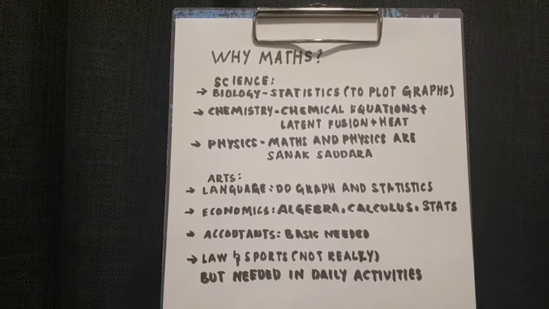And in physics, as I have written, maths and physics are saudara. They are very closely related. If you're a science student, you will know that physics can't be independent without mathematics.